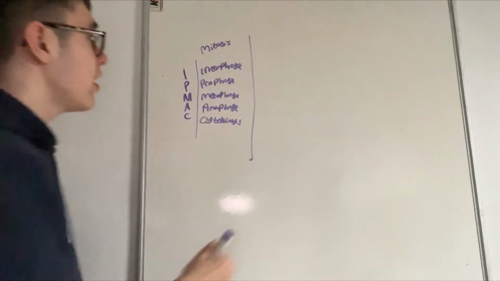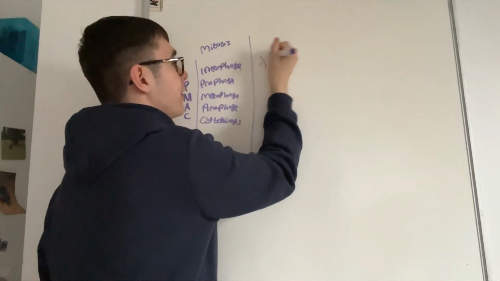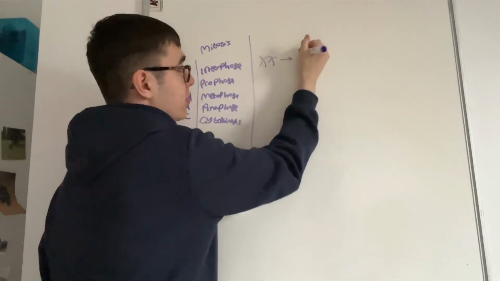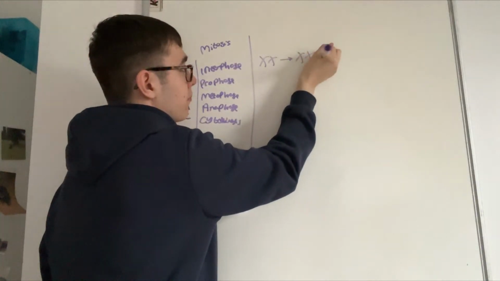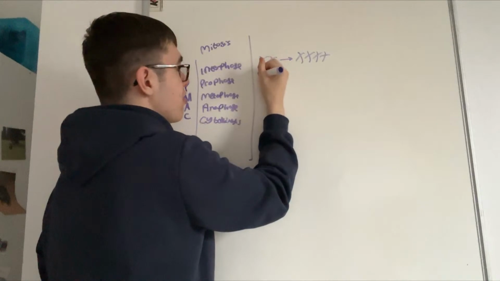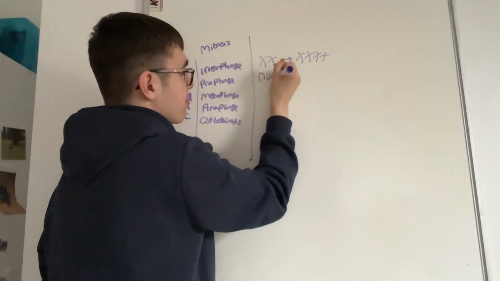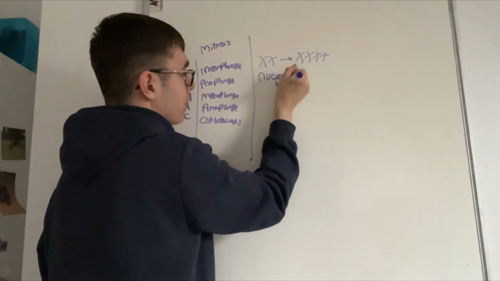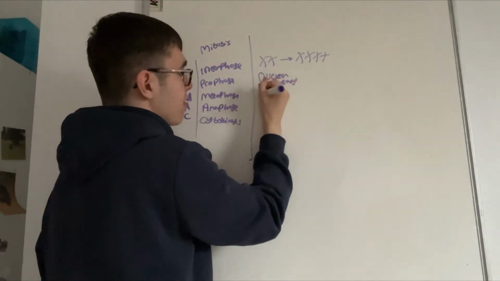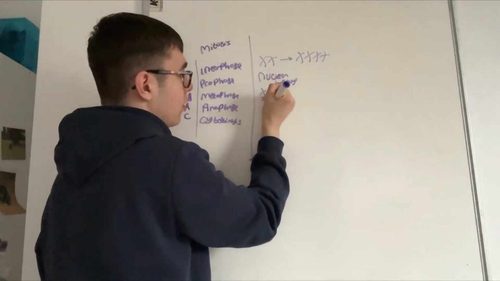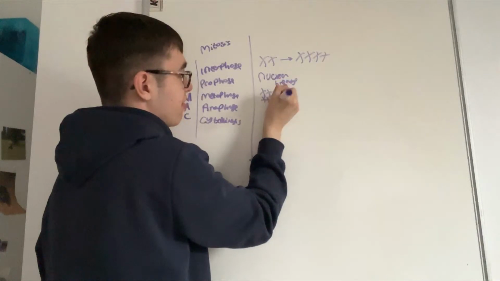I'm assuming it is. So interphase is where the chromosomes in the nuclei replicate. Prophase is where the nuclear membrane breaks down. Metaphase is when they line up in the middle and the spindle fibers attach.